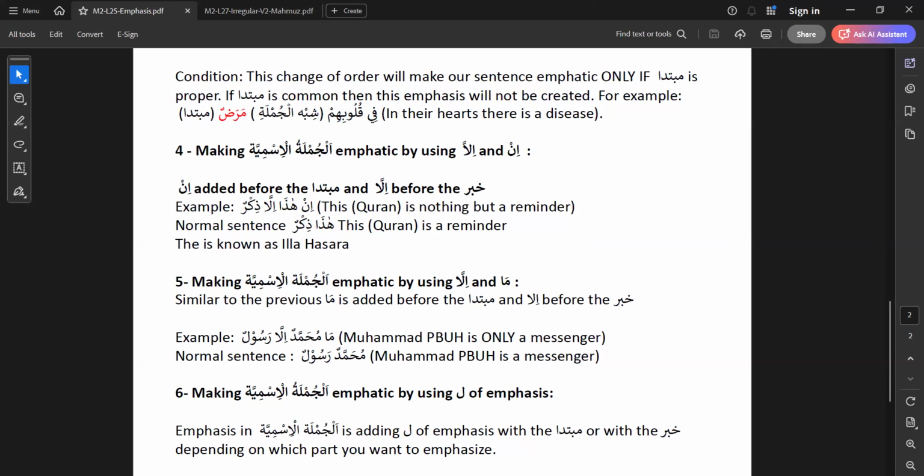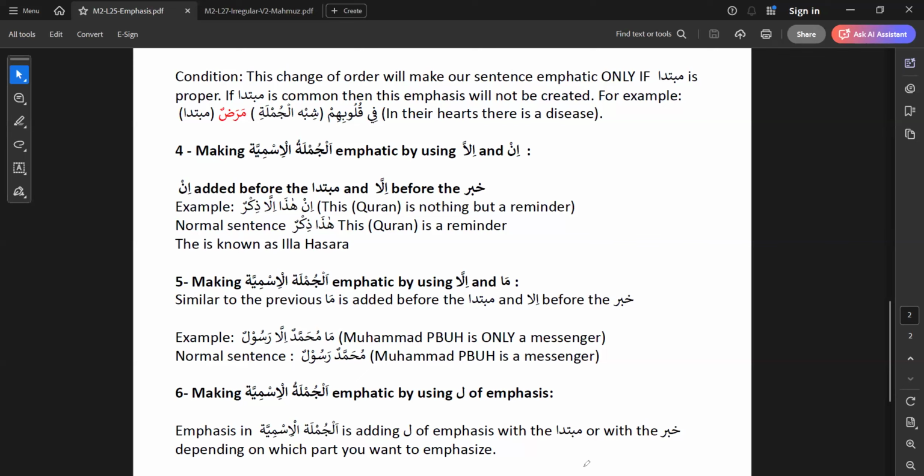Fala yu'minuna illa qalilan. La yu'minu, negative sentence. They do not believe. Illa qalilan, except a little bit.